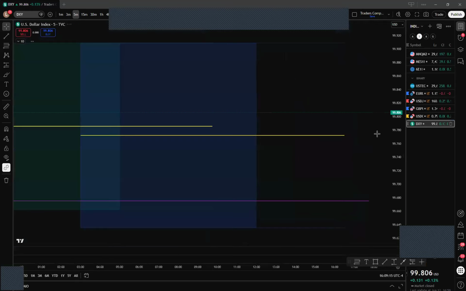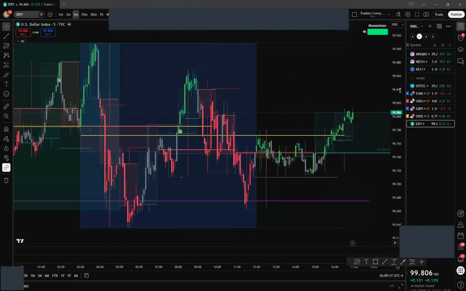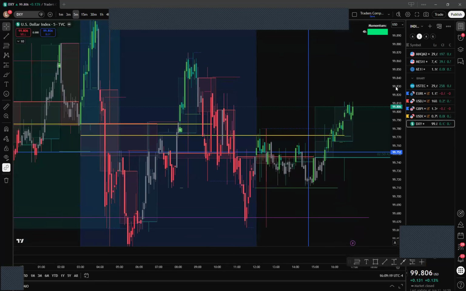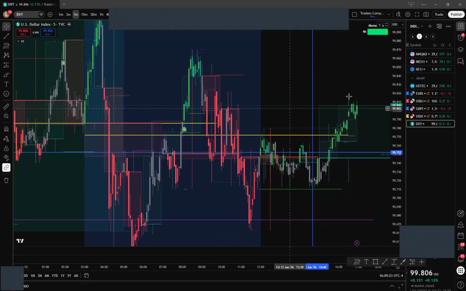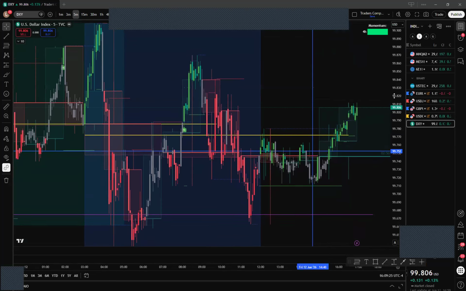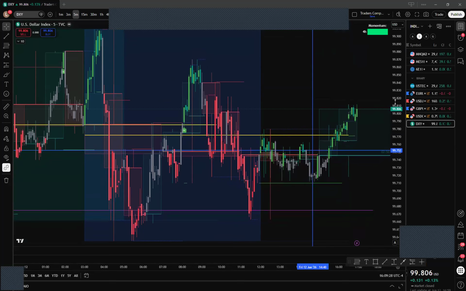Okay, so the DXY, for you guys who are not familiar, is called the dollar index. This is a really powerful barometer as to what the market is going to do, especially if you're trading the Nasdaq, gold, or any dollar pair, primarily euro dollar and some of the other ones to boot.